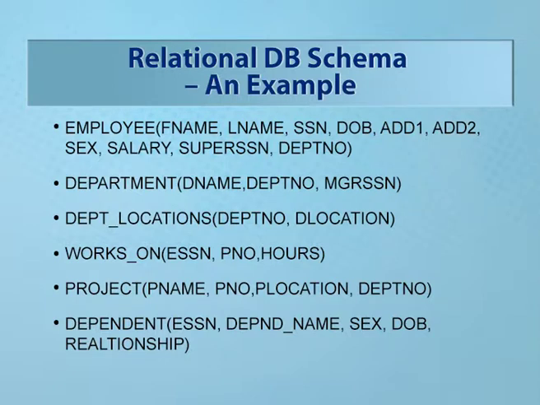So in order to represent an employee table we had identified and given attribute names: first name, last name, SSN, likewise. So for each relation we had identified the attributes, and here you can see for each relation we had even identified the keys also.